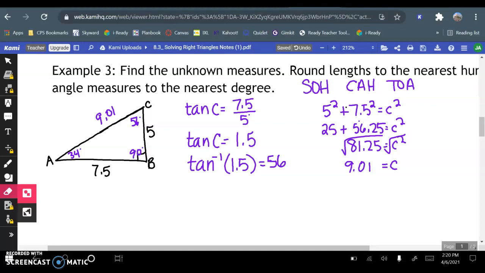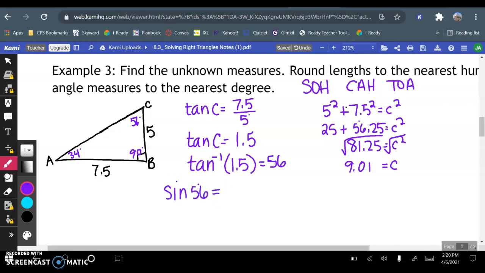Now, if you didn't want to use the Pythagorean theorem to find the hypotenuse, we can pretend like we don't know this 9.01 right now. And the hypotenuse is included in the sine and the cosine. So if I worked with the sine, remember the sine of, let's say C is 56, so the sine of 56 equals its opposite side, which is 7.5, over the hypotenuse.